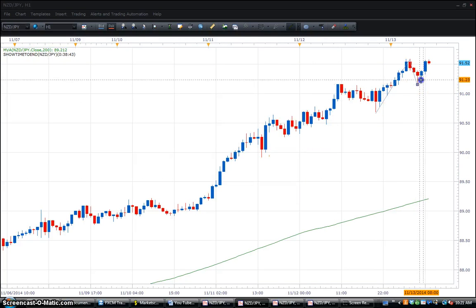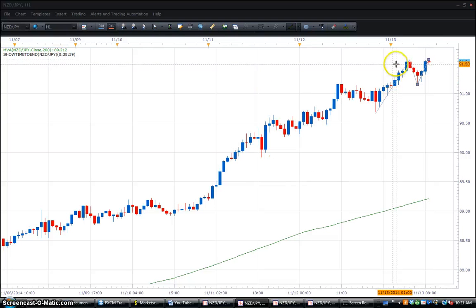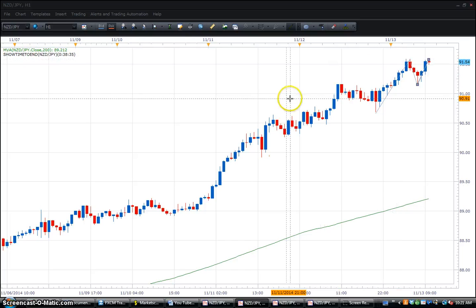And then here we have the C move, which has not as yet taken out the previous high, which is at 91.59. Now, price right now is at 91.54. And again, this is not an endorsement or me advising you to get into this trade or anything like that. This is strictly a learning opportunity, an educational opportunity for you to learn how I go about looking at the charts.